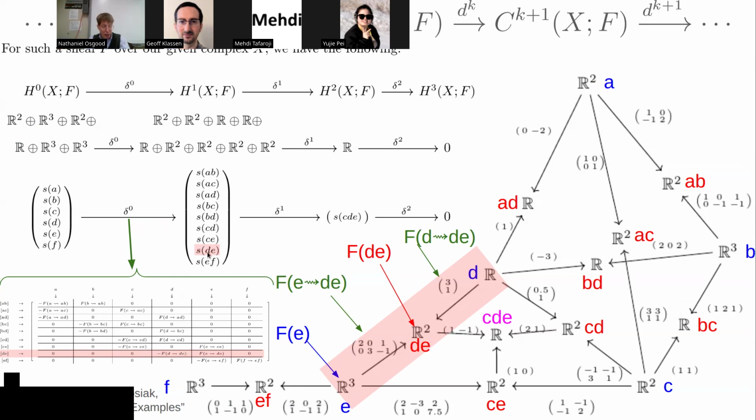We're getting out the value for the simplex DE. So this is this big matrix, and it's going to multiply this big vector encoding the data for the vertices and get out data here for the edges.